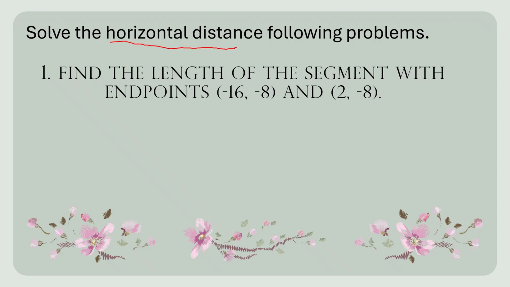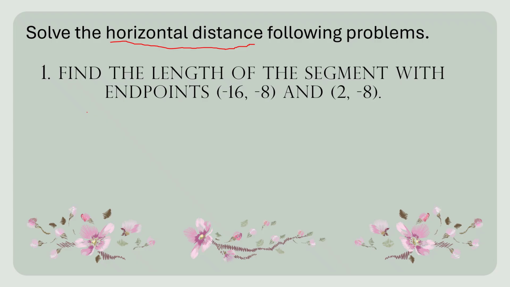Okay, so that means we're dealing with the x-axis, no? Find the length of the segment with endpoints negative 16, negative 8 and 2, negative 8. Horizontal is the x-axis.